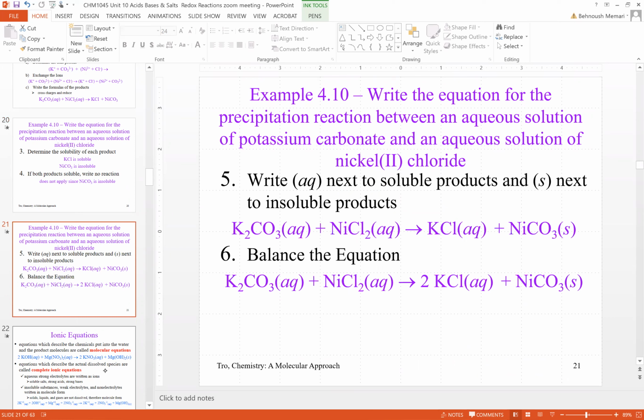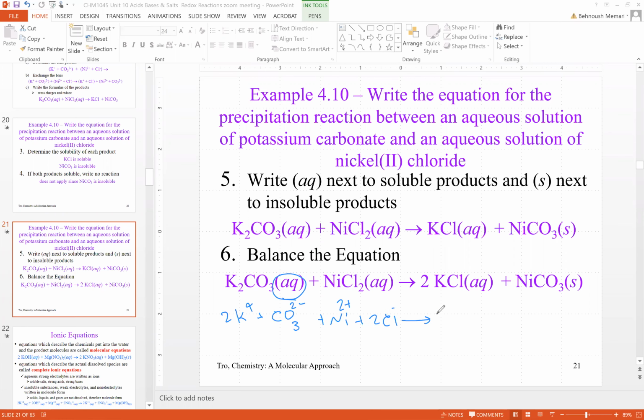Now, to write the complete ionic equation from the molecular equation, this is the molecular equation. Your next step would be to write the complete ionic equation. To write it, you need to break down anything that is an AQ designator. With AQ designator, we have 2 potassium ion, carbonate ion, and nickel 2+ plus 2 chloride ion.